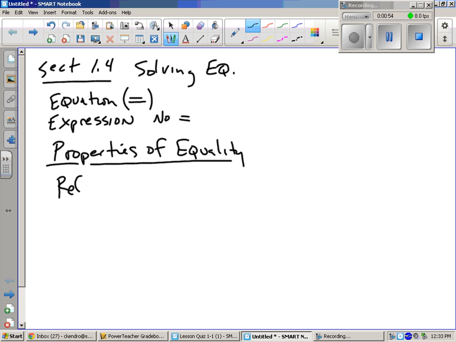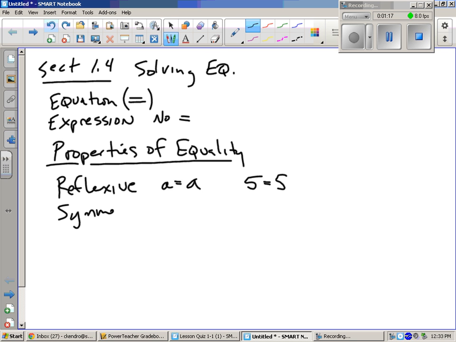The first one is reflexive. It's like looking in a mirror. It's just saying A equals A. Or in numbers, it might be like 5 equals 5. That seems like a very simple idea, but it does become useful later on.